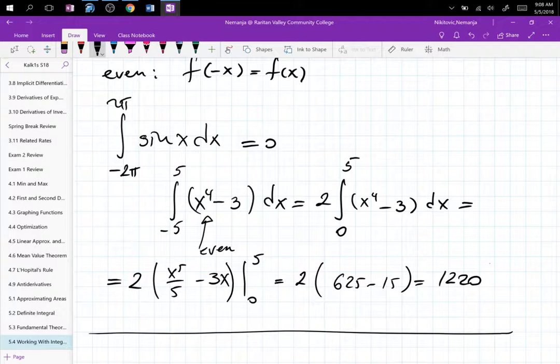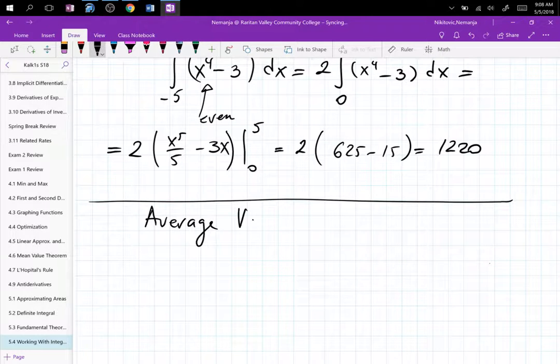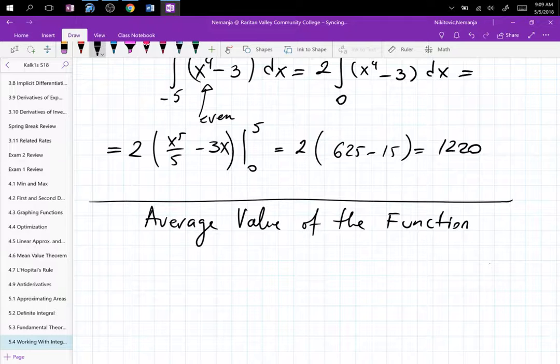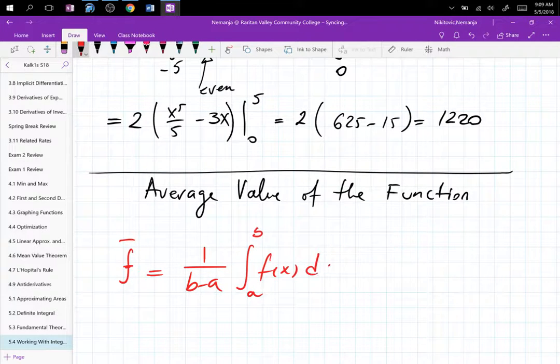Now the next formula is the one that is needed, and this is called the average value of a function. So the average value of the function f is given as 1 divided by b minus a times the integral from a to b of f of x dx.